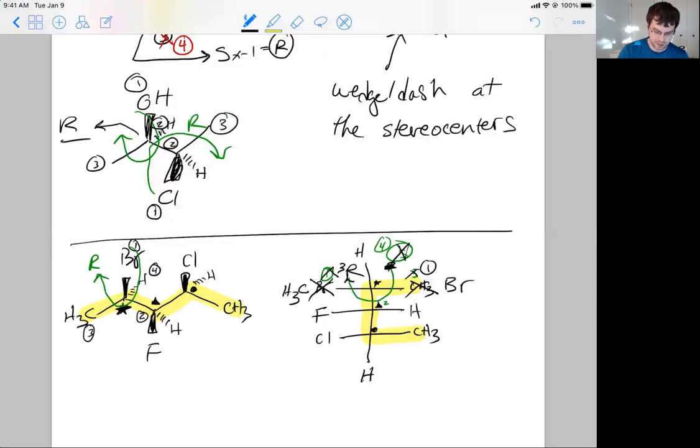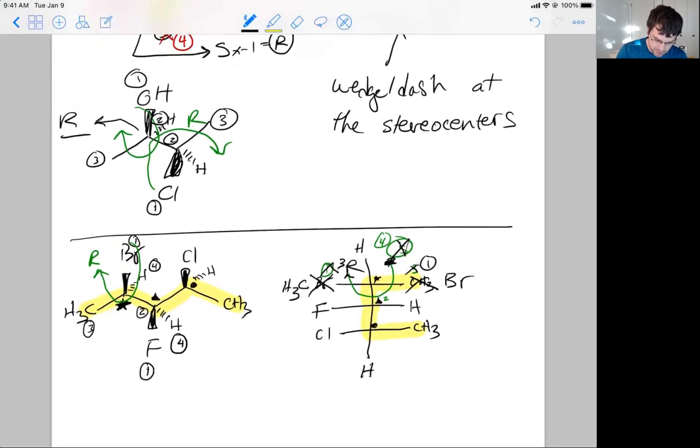So far we match. Now let's go back down to our bond line structure. So 1 for fluorine, 4 for hydrogen, excuse me. Now we have a tie. And it's not a trivial tie between carbon star and carbon circle. Both are carbons, both have CH3s attached, both have H's, but we first compare the highest priority element attached to each carbon.